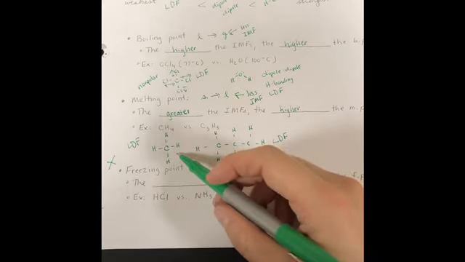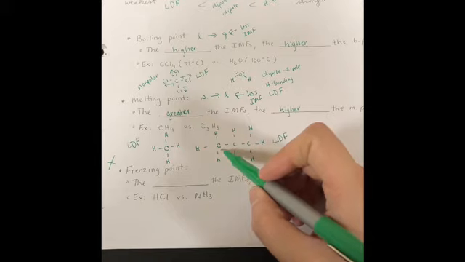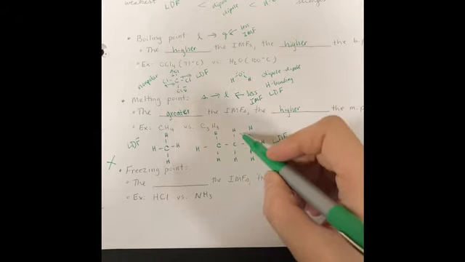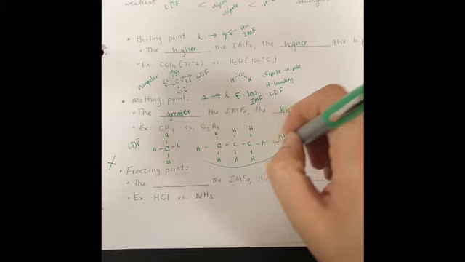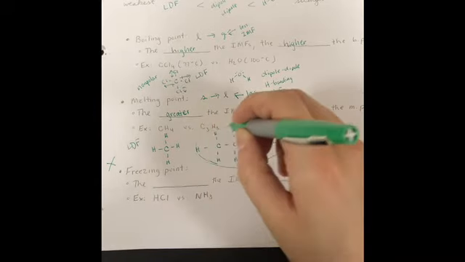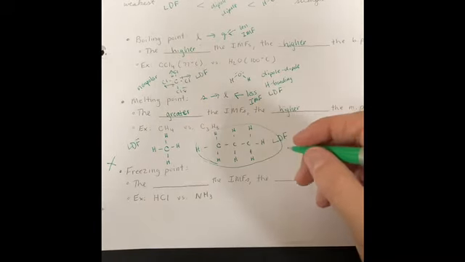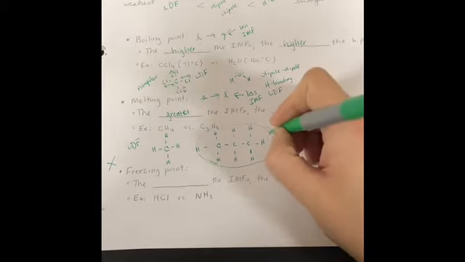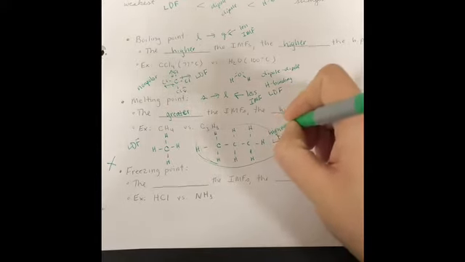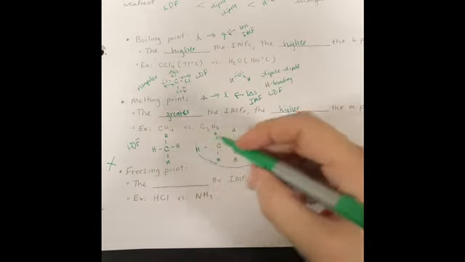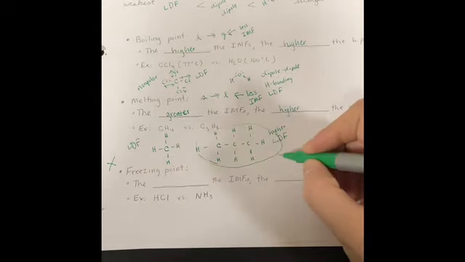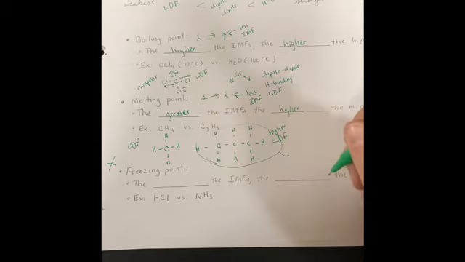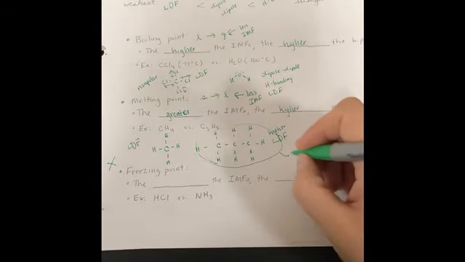If we think back, we know that C3H8 has a bigger mass, so it has a larger electron cloud, so it's able to participate in more of those interactions. As a result, it'll have a higher amount of London dispersion forces than CH4. So since C3H8 has the higher amount of IMFs, it will also have a higher melting point.